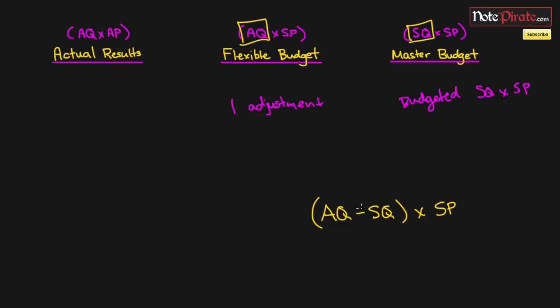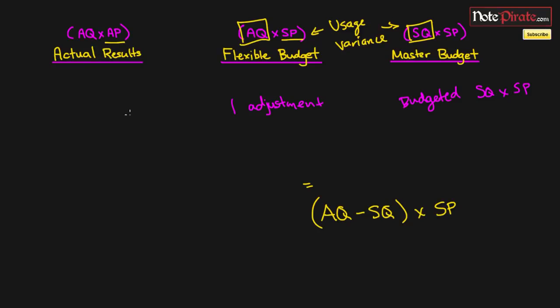So here you can see that the only difference is between the quantities, and that's also why the variance between these two budgets is called the usage variance, or the quantity variance, or the efficiency variance. So you can see how they came up with that term. Now, the difference between the flexible budget and the actual results, you'll see quantities are the same, but the only thing that's different are the prices.